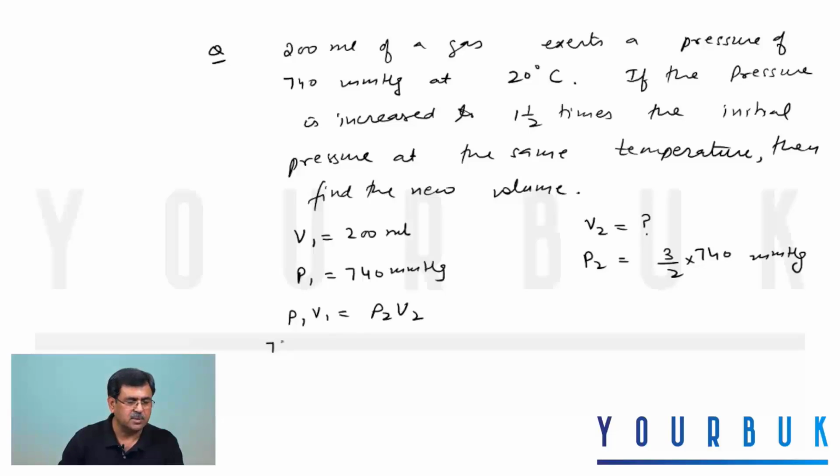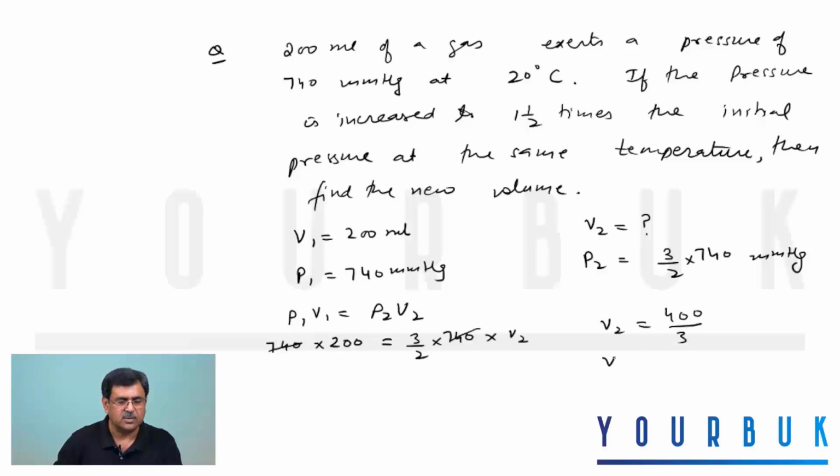So we write 740 into 200 is equal to 3/2 into 740 into V2. Now this 740 gets cancelled. So the volume is equal to 400 upon 3, and this final volume is equal to 133.33 ml. So when the pressure is increased to 1.5 times the initial pressure, the volume is reduced to 133.33 milliliters.